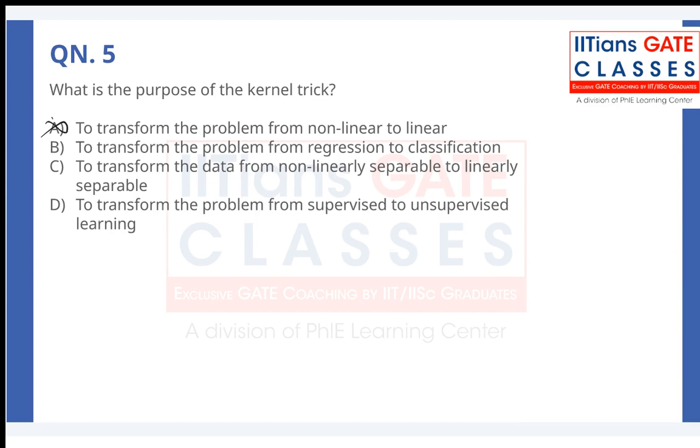Option B says to transform the problem from regression to something, which doesn't make any sense at all. Option C says to transform the data from non-linearly separable to linearly separable, which is the correct answer. And option D says to transform the problem from supervised to unsupervised. Again, that doesn't make any sense, because you are not doing anything to the individual classes, you are still considering them. So option C will be the right answer, which is the kernel trick.